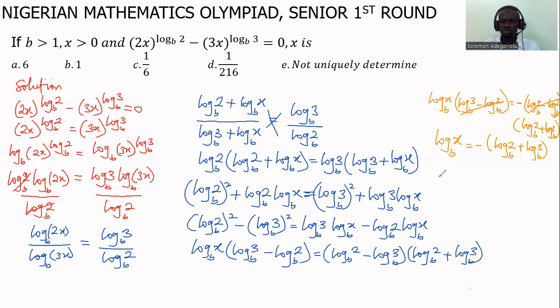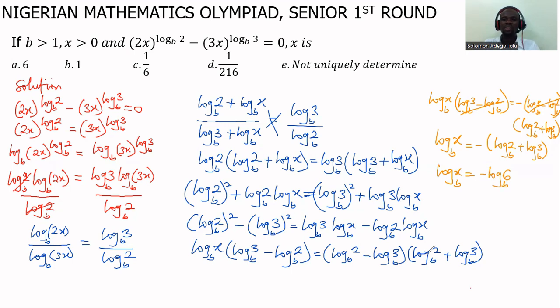So from here as well, we need to continue with this. And how do we go with that? We have log x base b is equal to, now one of the laws of logarithm says that from your addition of logarithms with the same base, you can multiply. So in a nutshell, I can have minus log 6 base b, because I'm going to multiply 2 times 3 together, it gives me log 6.